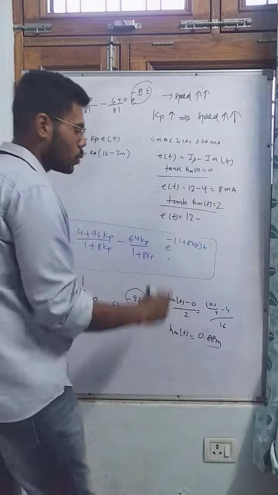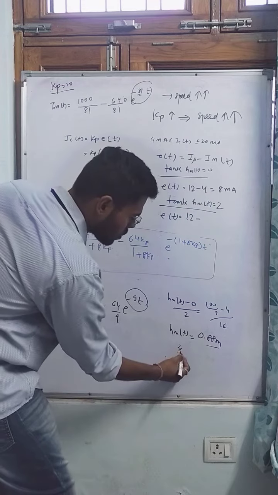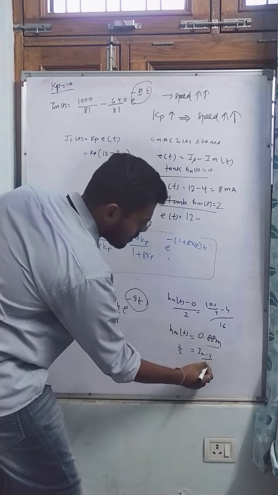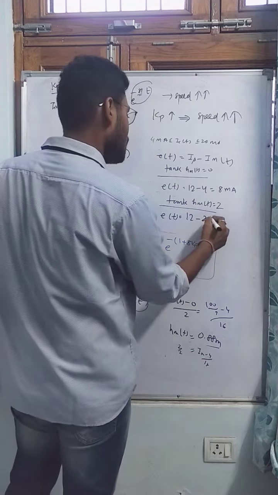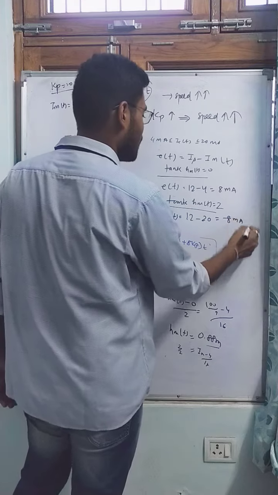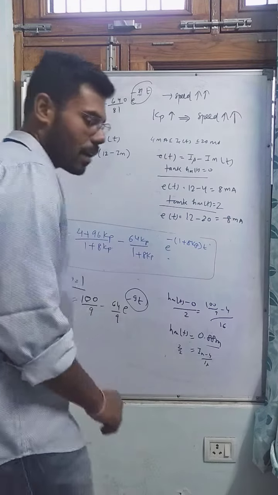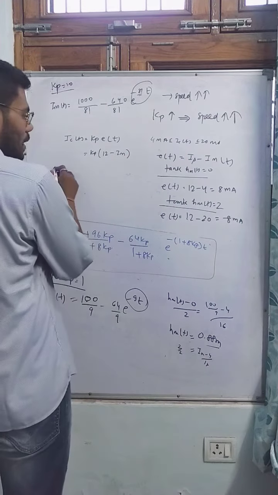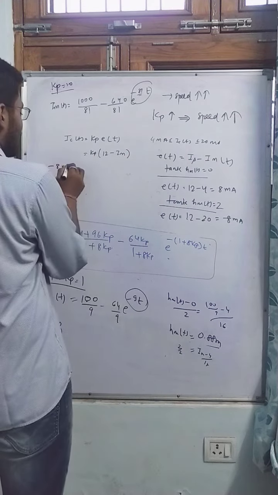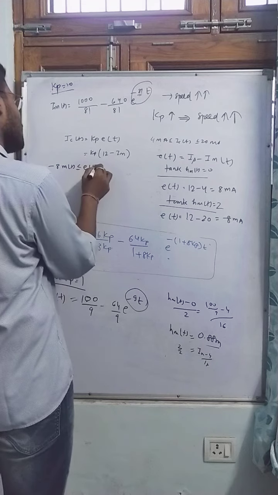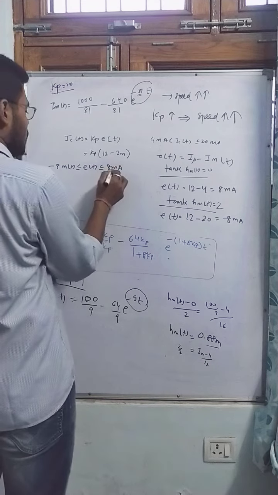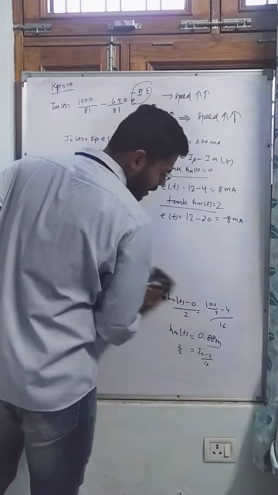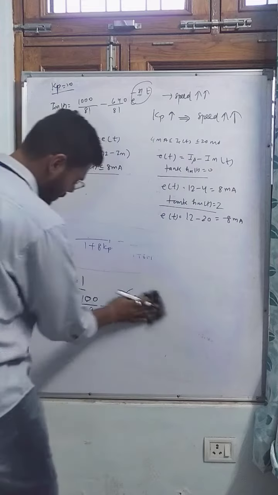So maximum level is 2. So 2 by 2 is 1. 1 equal to IM minus 4 by 16. 16 plus 4, 20. Equal to minus 8 milliampere. That means the maximum error band is from minus 8 milliampere to plus 8 milliampere. Okay, so your error band is this much. It all has some significance, that's why I am deriving all these things.